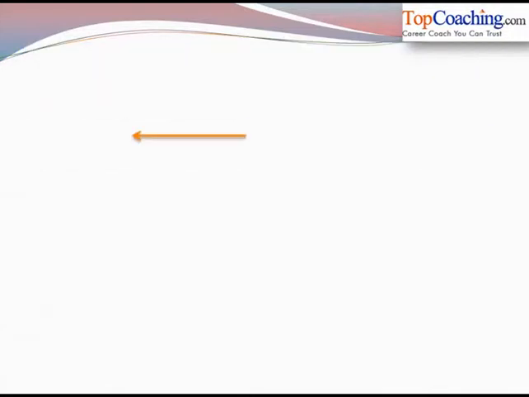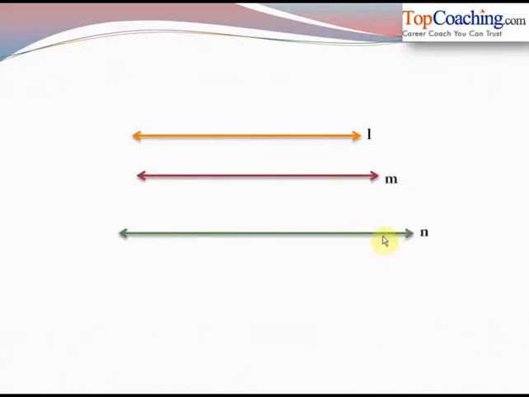So let us say that this is one line L, we have another line M, and we have another line N, such that L is parallel to the line M and M is also parallel to the line N, and thus we get all these three lines as parallel lines. Let us say that this is a transversal AB and we have another transversal CD.